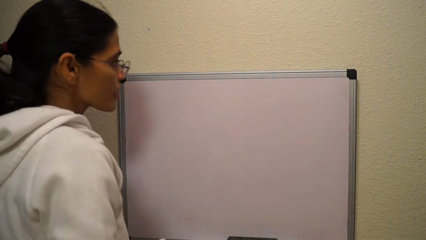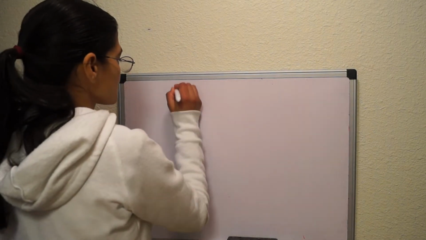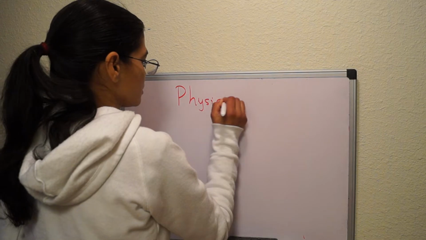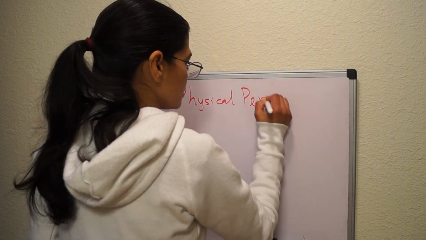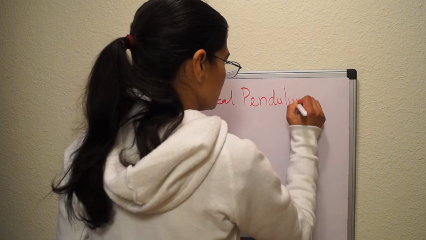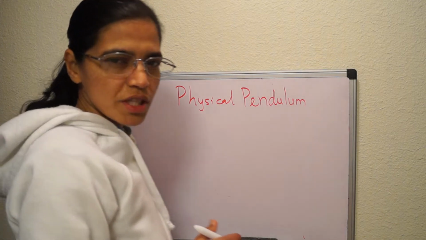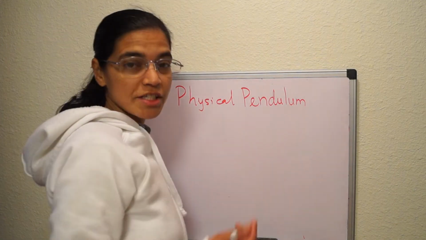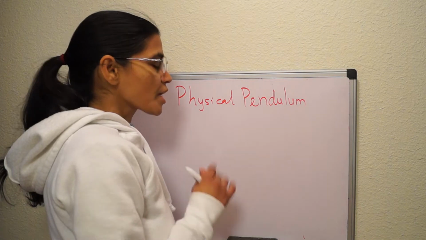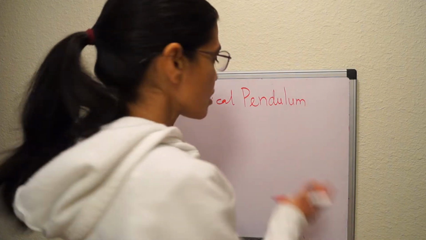Alright, so in the last lecture we learned about the physical pendulum, right? We said a physical pendulum is any object which oscillates back and forth in time, or which has a repetitive motion, and which has a mass extended along its length.